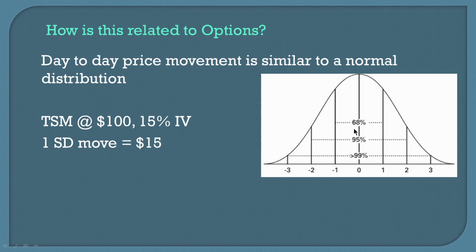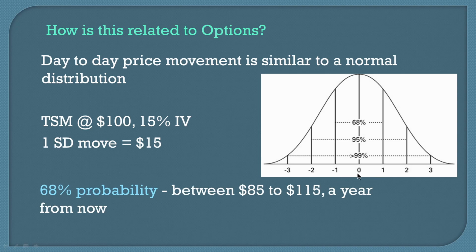Since you know that 68% of the data lies within 1 standard deviation and the time frame for IV is 1 year, this means there's a 68% probability that TSM's price will be between $85 and $115 1 year from now. And if you increase the price range to 2 standard deviations, there's a 95% probability that TSM's price will be between $70 and $130 1 year from now.